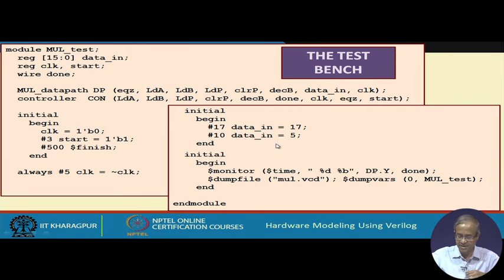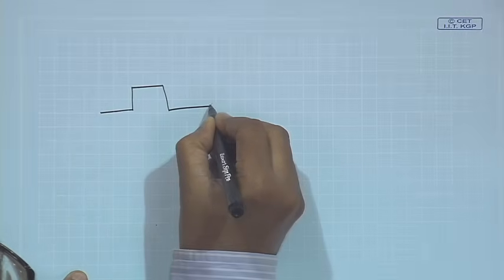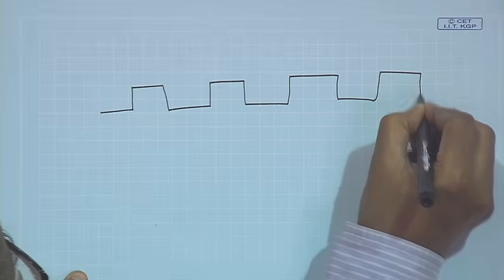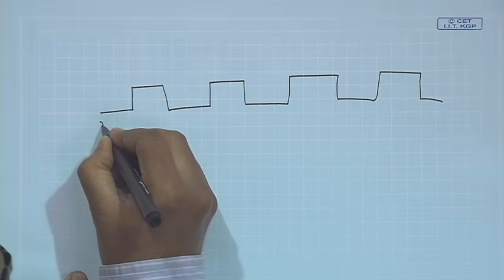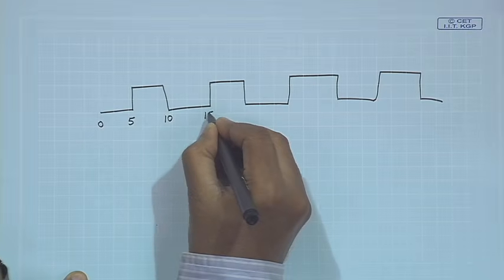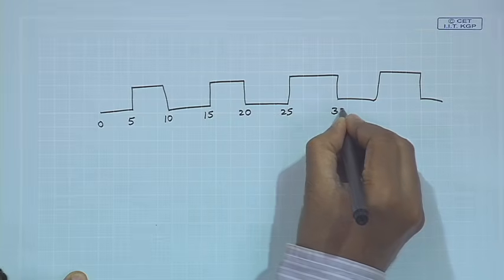Just see one thing, this is how we are generating the clock. We start with time 0, then 5, 10, 15, 20, 25, 30 and so on.